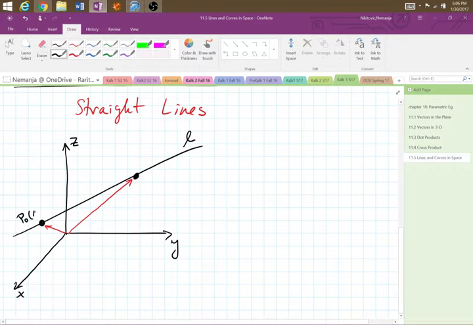This is P0, which is x0, y0, z0 as a location, and then just point P, any point, which is x, y, z. Now, we have these vectors. We have this vector here, which is a vector r0, and this vector contains its x0, y0, z0.